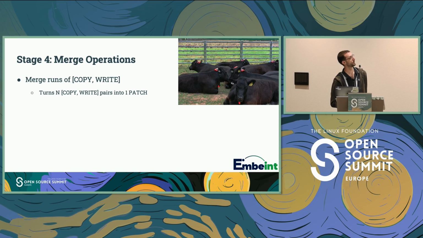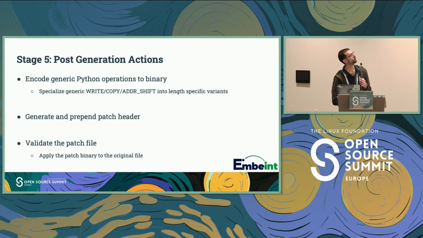Then we've got the merging step, which merges runs of copy and write into that patch instruction, so it compresses all of it down to a single instruction. And then you've got the post-generation actions. At this stage, these are all just Python classes, which are the generic copy n bytes. We then specialize those into the various length-specific versions, convert that into the actual binary representation, and generate the patch header according to the input and output files.